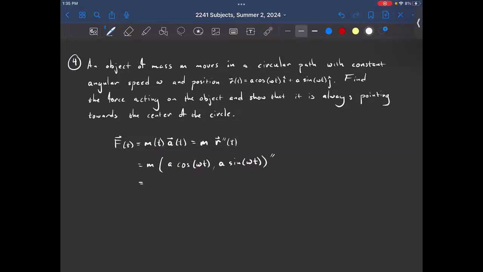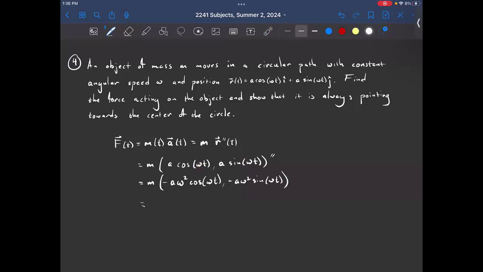Okay, well, I take two derivatives of cosine and I get minus cosine, and two factors of whatever's on the inside. So I have m times minus a omega squared cosine omega t, and then minus a omega squared sine omega t. All right, so there's my second derivative.